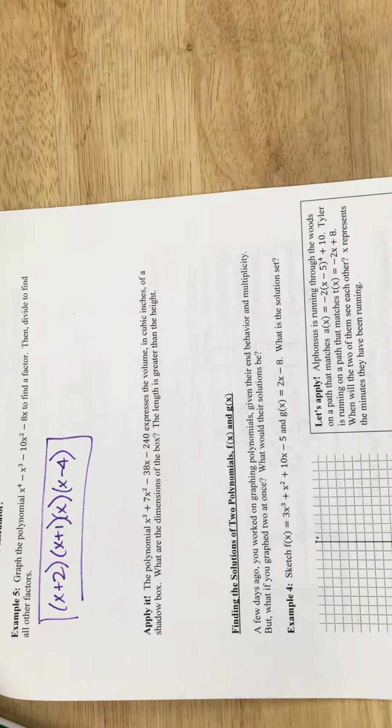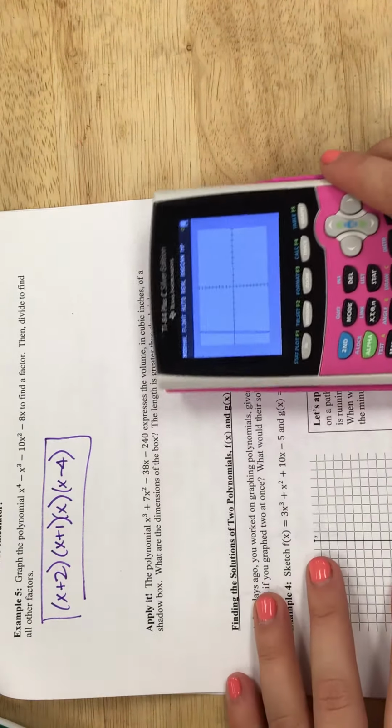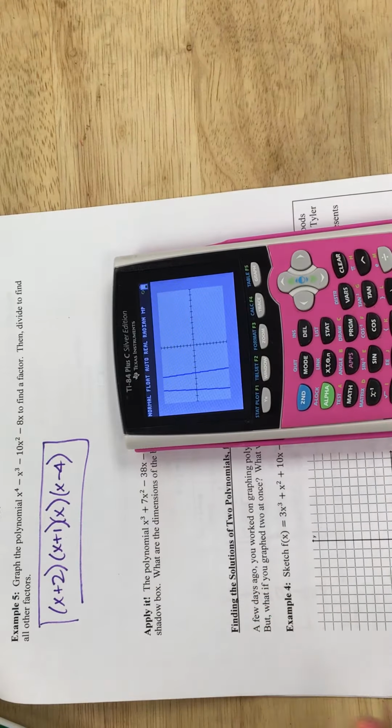X cubed plus 7x squared minus 38x minus 240. Okay. All right, so what if I told you that the length of it was x plus 8, right? The length of it was x plus 8. What could you tell me about the width and the height?